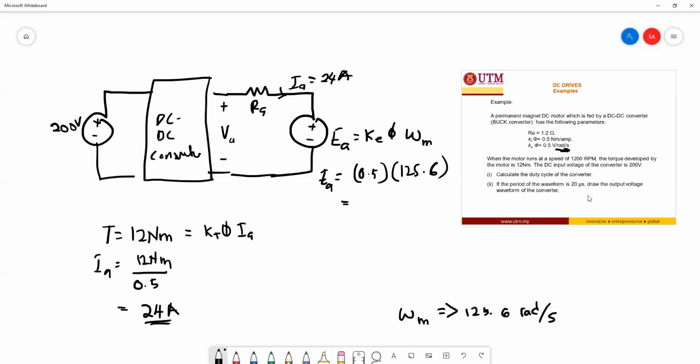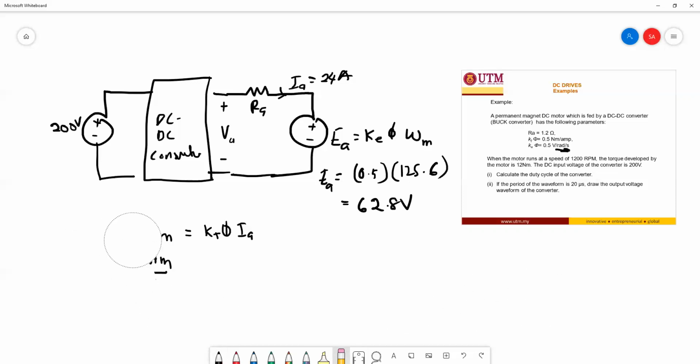So you should get around 62.8 volts. Okay, so we have already got the EA, and from that we can calculate your V armature, which is the voltage output of your DC-DC converter.